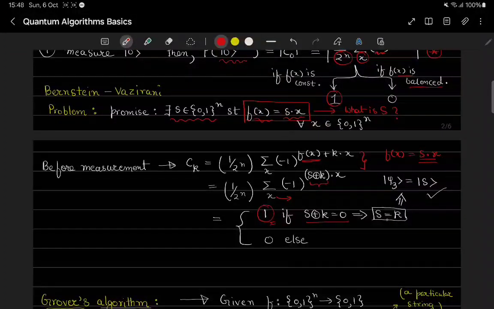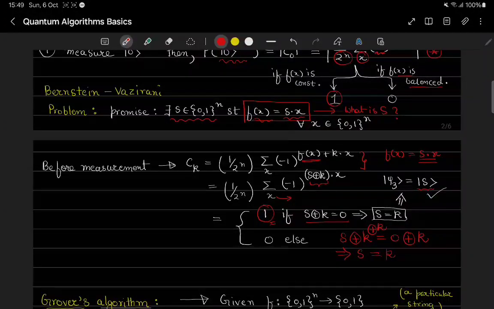And what this means is that you will exactly have s XOR k as 0. So s XOR k as 0 implies s equal to k, because you can add XOR k on both sides. And this means that your final state has only one coefficient which is equal to the bit string.